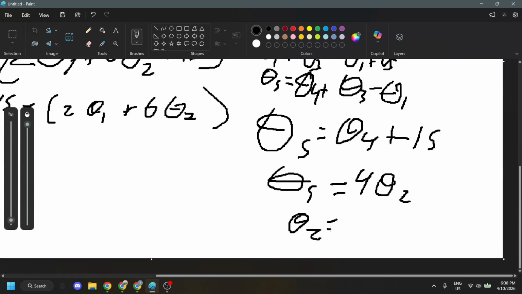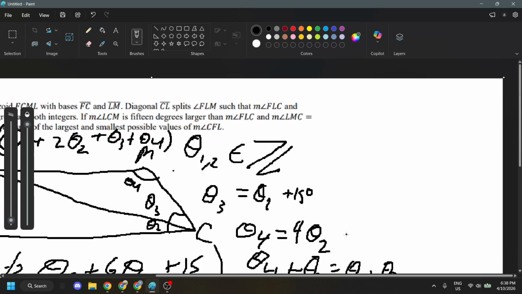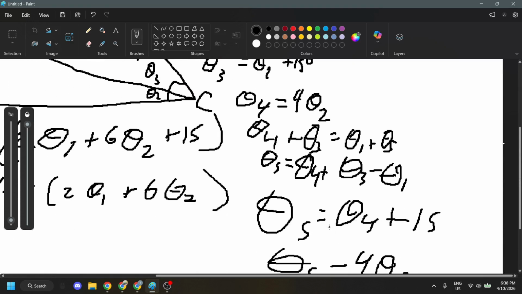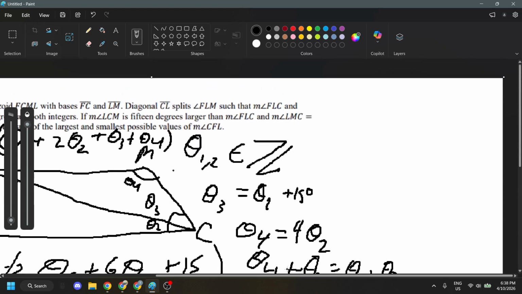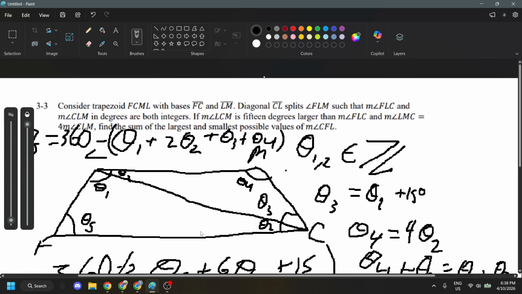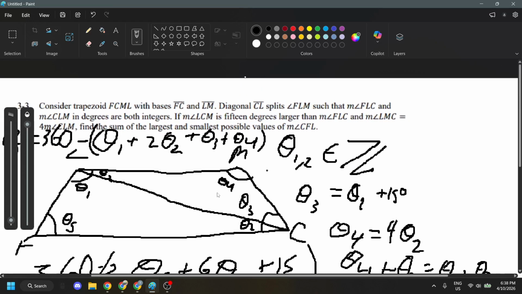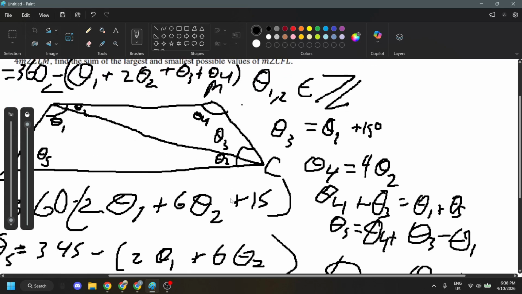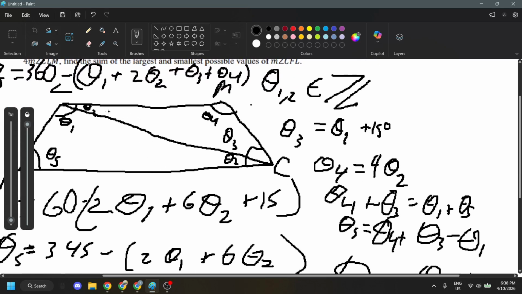So theta 2 is equal to 1 is our first one, and theta 2 is equal to... So wait. Once we determine one angle, we determine theta 2, we can determine theta 4, which determines theta 5.